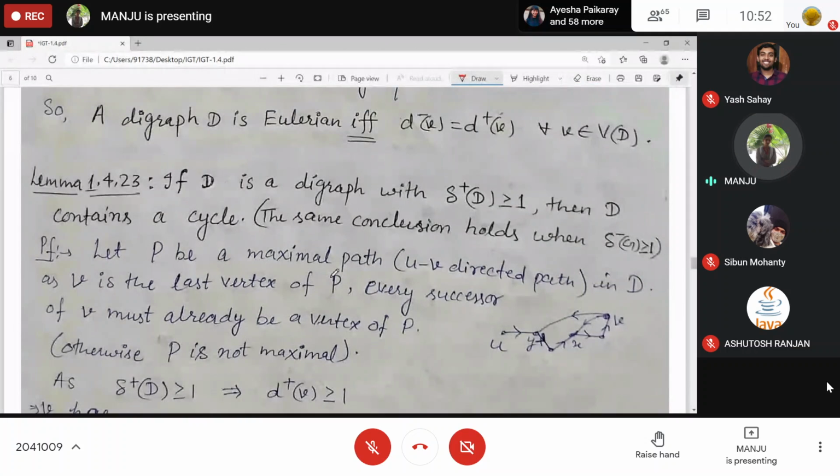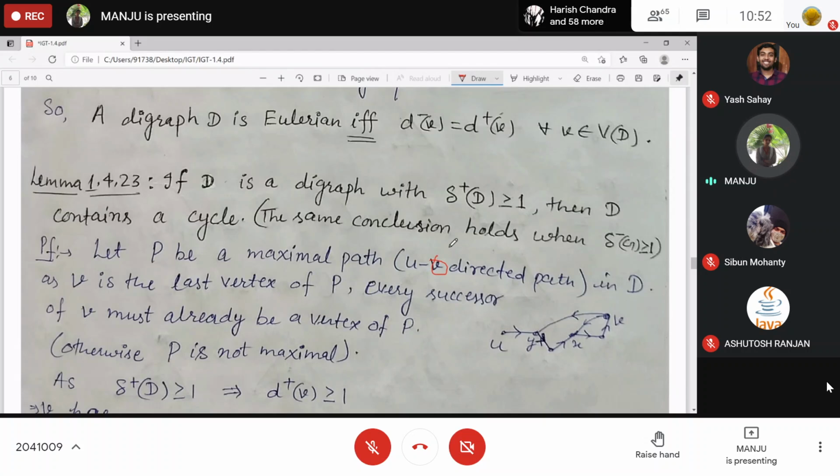Again, we will be taking its maximal path. Same thing we did there. The maximal path is U to V, but here path means directed path. Either it is in forward direction or in reverse direction. Okay. As V is the last vertex of the path P, every successor of V must already be in the path, right?